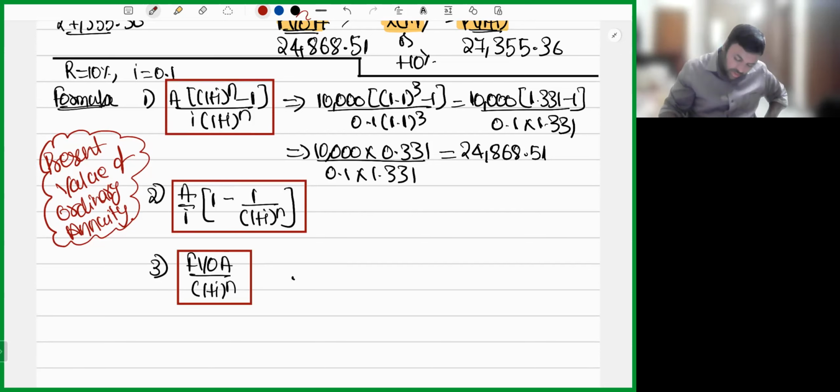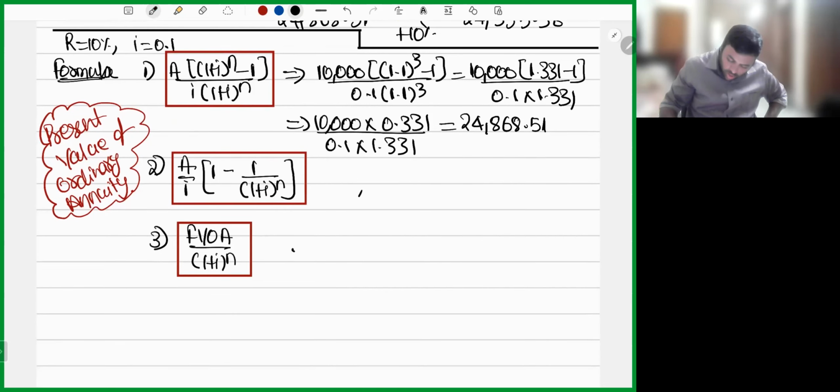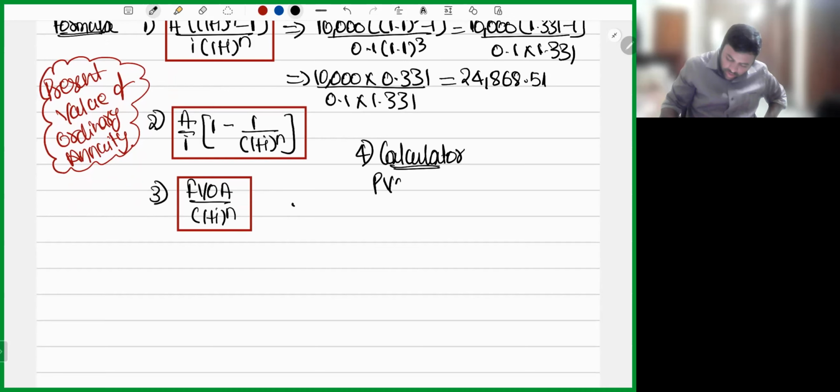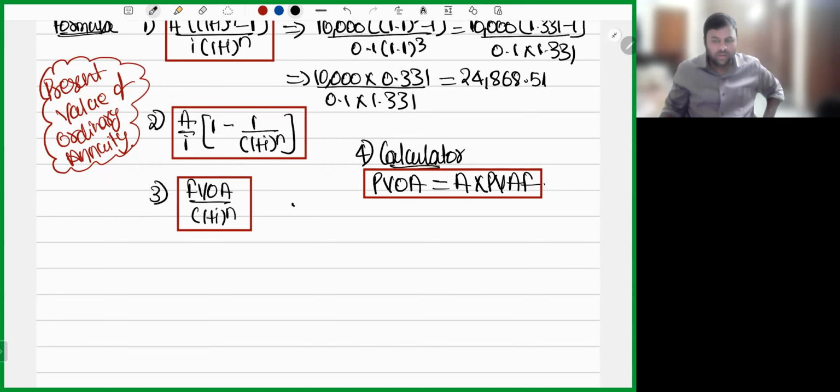Now, the fourth method: how to do it in the calculator. Present value of ordinary annuity is equal to A into present value annuity factor. This is the formula. It is better in the examination to use the calculator technique only.